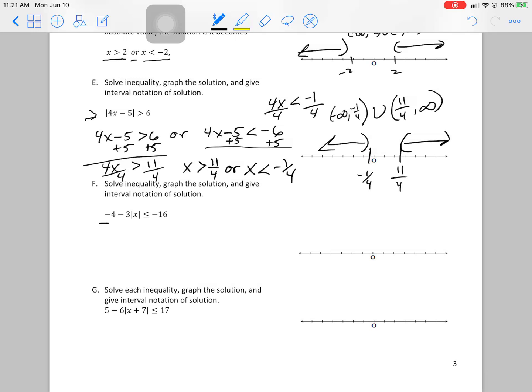All right, here's one here. Add 4. To isolate my absolute value on one side, I divided. The absolute value, and this is positive 4, right?